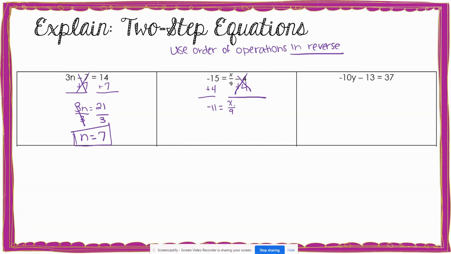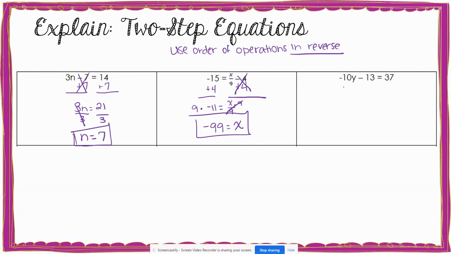To get x by itself, I need to use the inverse of dividing by 9, which is multiplying by 9, and I'm going to do that on both sides. Well, +9 times -11 is -99. And on this side, my 9's cancel to leave me with x. So my solution is x equals -99.